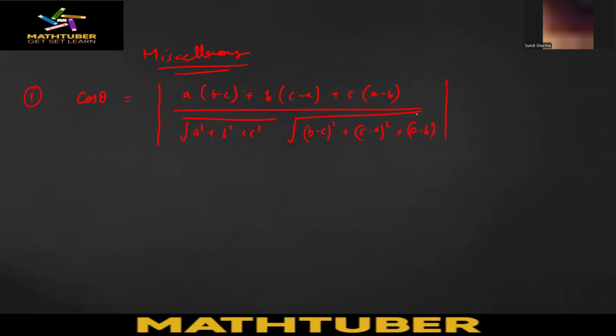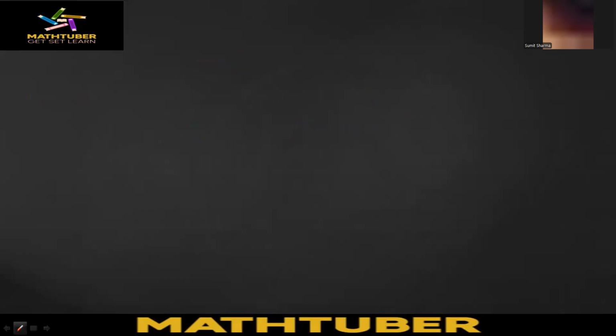When you calculate it, you will get 0, because the numerator becomes 0 when you open all the brackets. If cos theta is 0, the angle is 90 degrees, which means the angle between the two lines is 90 degrees. So that's quite an easy question.